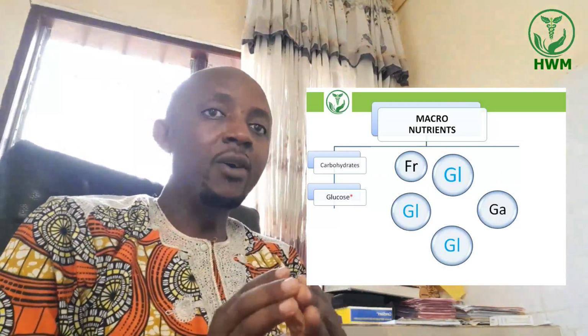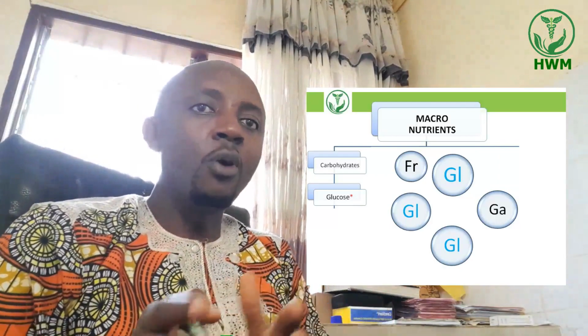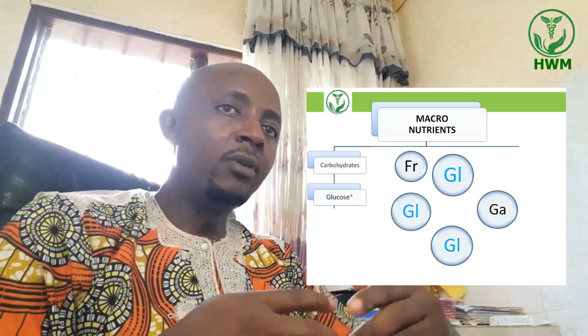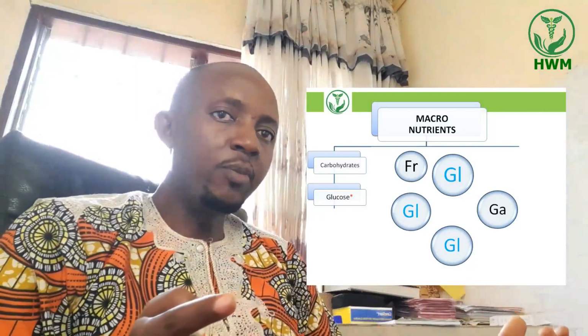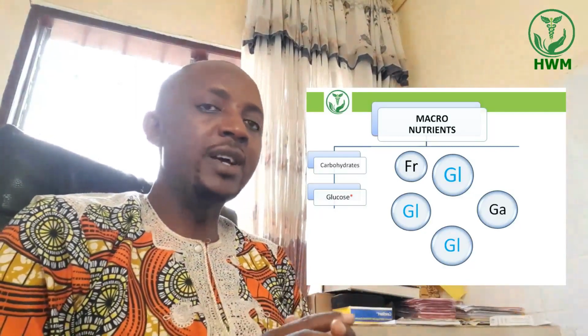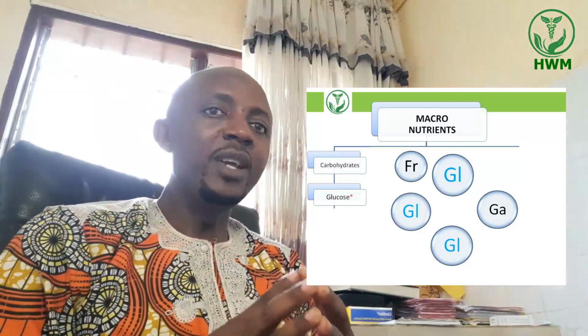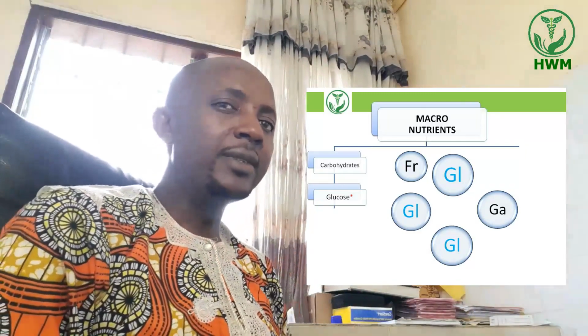So you break down the disaccharides, you have more glucose than any other sugar. You break down the complex sugars, you have more glucose than any other sugar. And so this makes glucose very important, and it is natural because glucose is the main source of energy for animals. Talking about humans, the glucose molecules are our main source of energy.